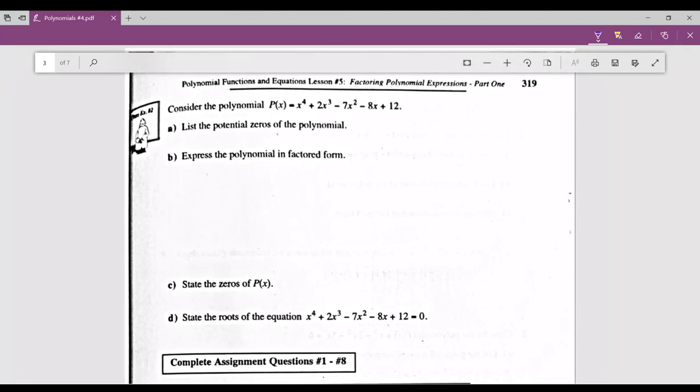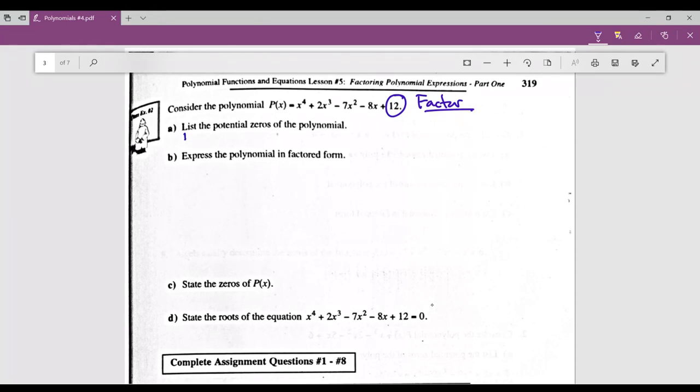We're going to this example right here. So I ask you to factor this polynomial. And you're like, well, it's a fourth degree. Okay. The first thing you do, go to the constant. What are the possible factors? What are the factors of 12? I.e. what multiplies to 12?